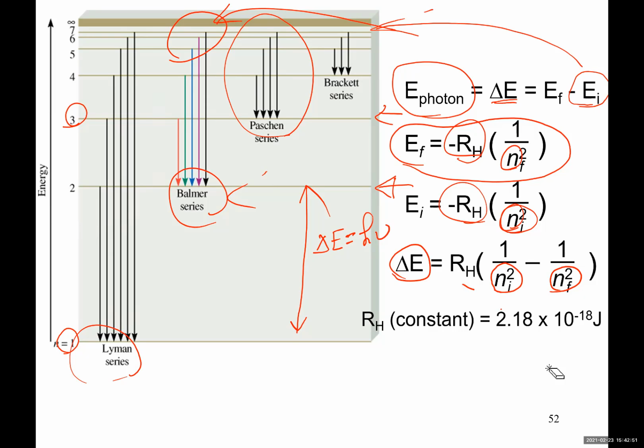So I can actually predict the color of the light which is emitted simply by knowing which shell it is dropping from and which shell it is dropping to. All I need to know is Ni and Nf. And you know n is always an integer.